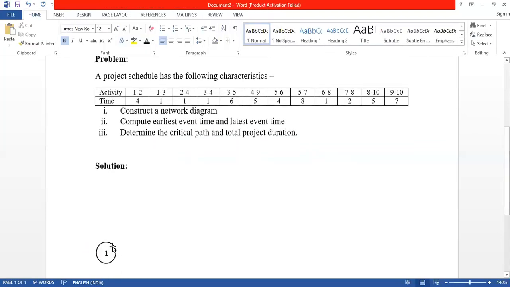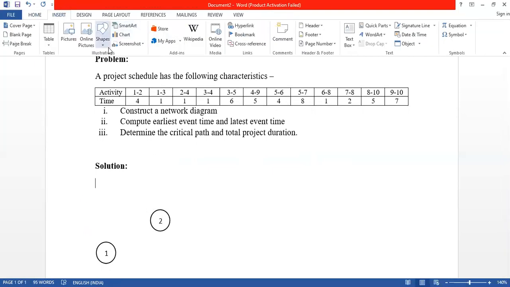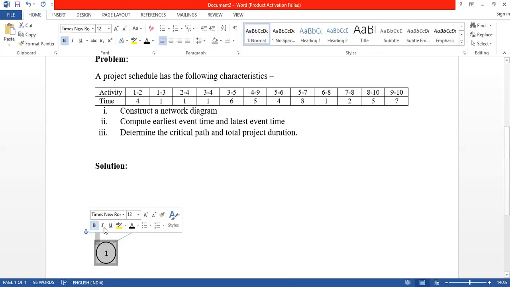Next, from the starting event, there exists an activity which is connecting another event called 2. So we named it as 2, and we have connected 1 to 2. Now this is our activity, and this activity is taking 4 hours of time. So we have written 4, right? Don't mistake, 4 is not a name here, 4 is the time spent, as time required.